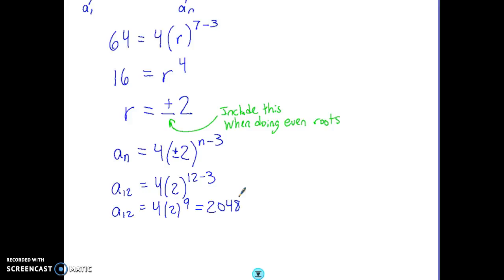Now we also want to consider the case where we have negative 2. So this one will be a sub 12 is equal to 4 times negative 2 to the 12 minus 3, which is the same as 4 times negative 2 to the 9th. And if you put this one in your calculator, you should get a very similar answer. It's just going to be negative 2048.